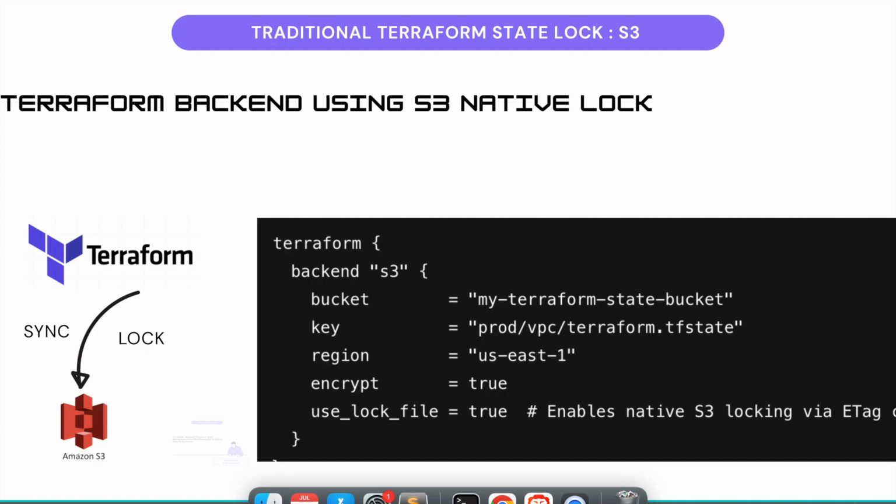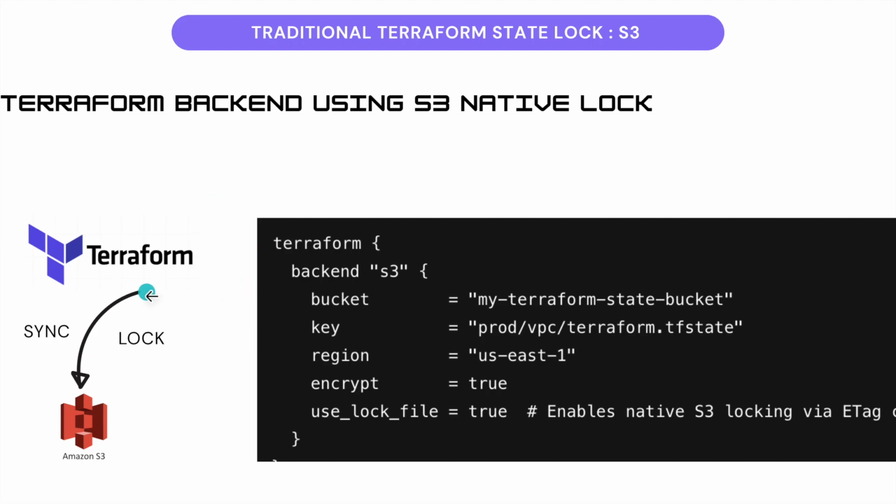So now the advantage of moving to this kind of native locking is you don't need to support an extra DynamoDB table, so you can save the cost. Apart from that, whenever you configure the CI/CD for the infrastructure as code, earlier you had to provide the policy and roles to have access to S3 as well as your DynamoDB table. So in that case, we are making it more secure as we don't need any DynamoDB table in the policy or role.